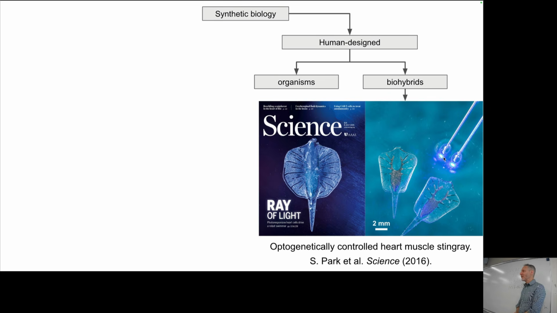You can see that they're flashing light from the front left of this ray. You can see the gold wires here. What happens to the rat heart muscle cells that are on the left side of this so-called stingray?